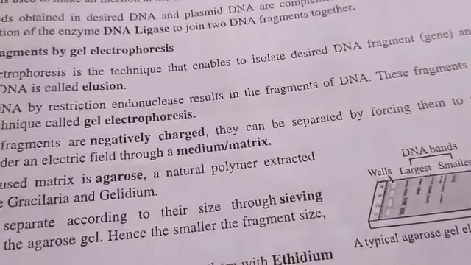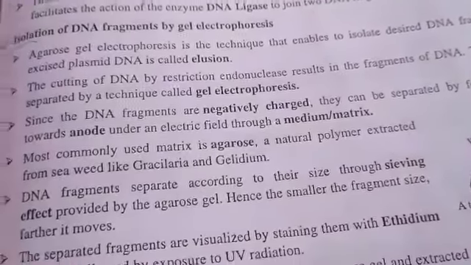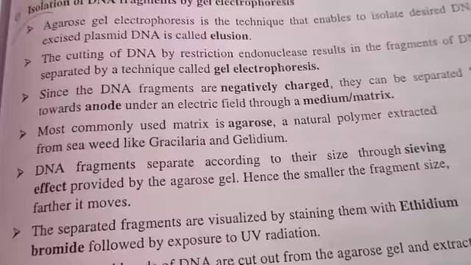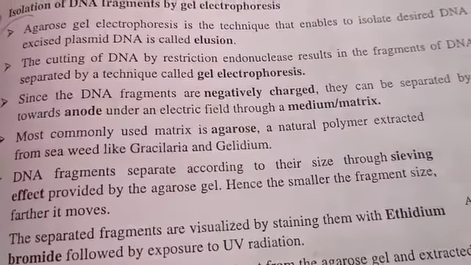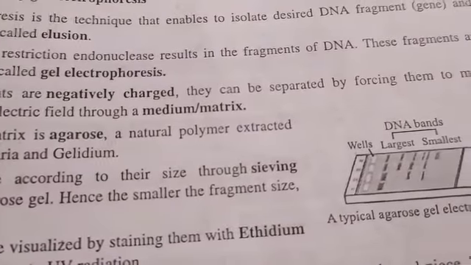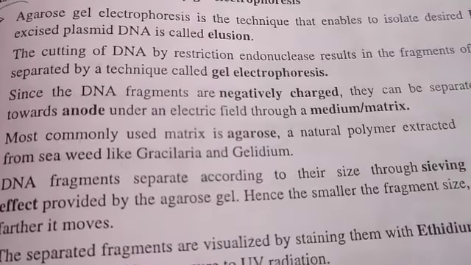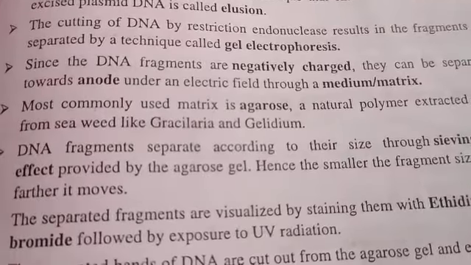Fragments of DNA will be of different sizes, small or large, and they are arranged according to size. Since the DNA fragments are negatively charged, they can be separated by forcing them to move towards the anode under an electric field through a medium or matrix.